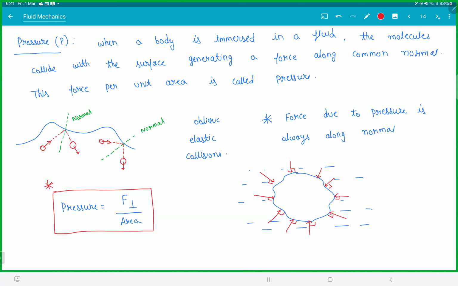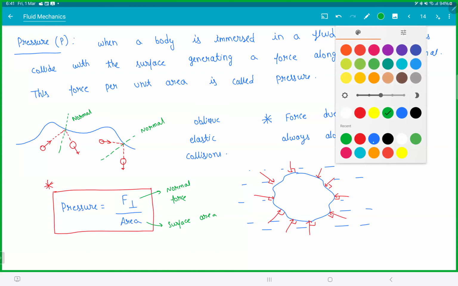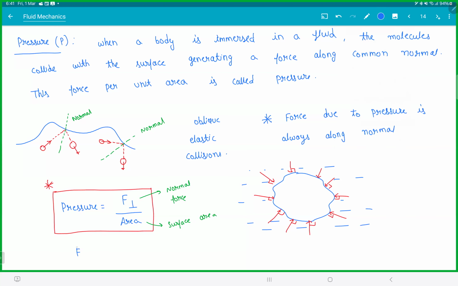Please have a look at this picture. So you can actually write like this. The force is pressure into area vector.